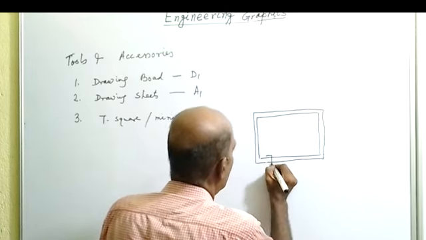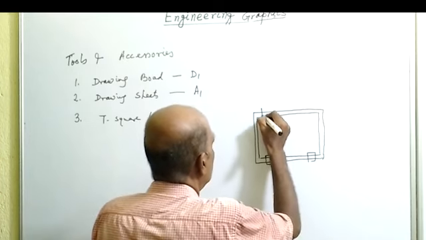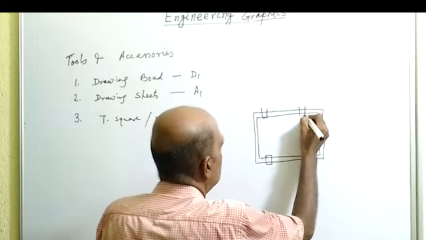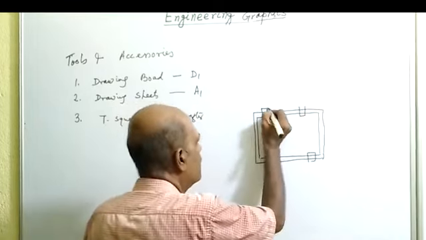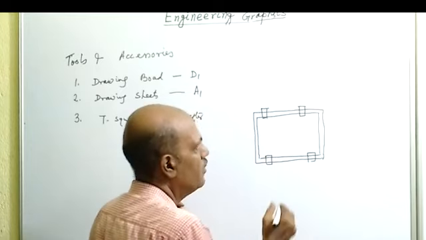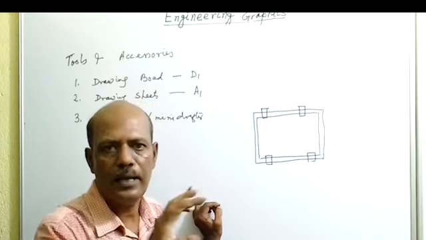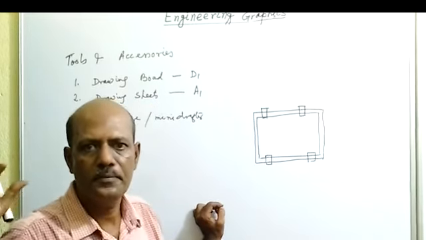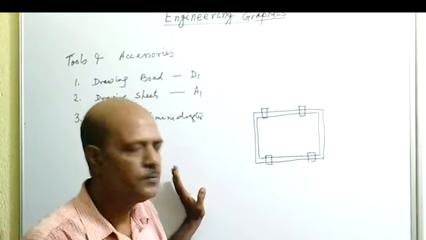Say 4 clips are used. Before fixing the drawing sheet over the drawing board, we have to check that the upper line of the drawing sheet and the upper edge of the T-square should be in one line. Then fix the sheet over the board.